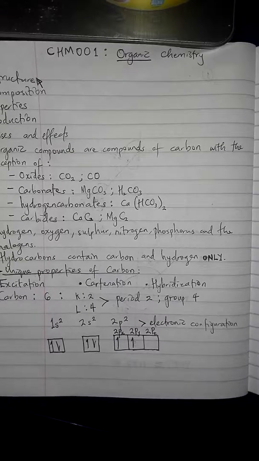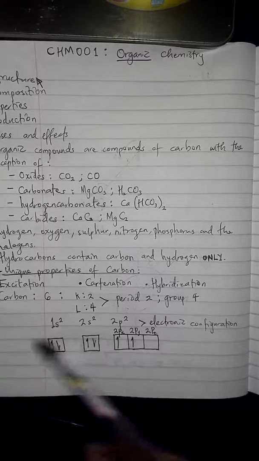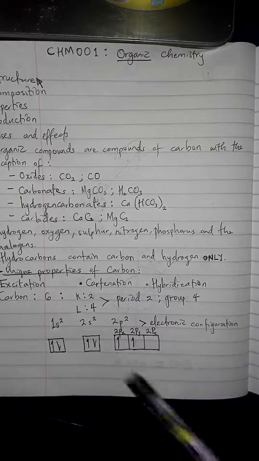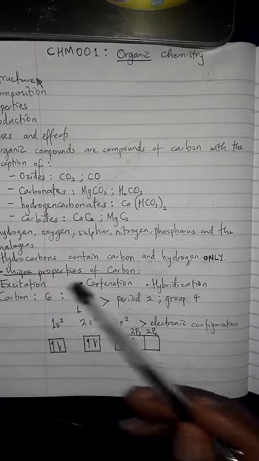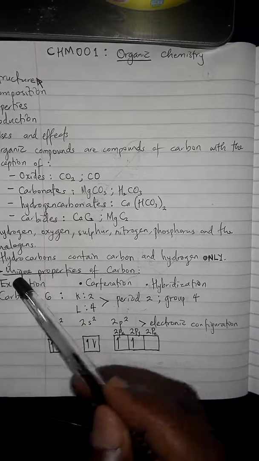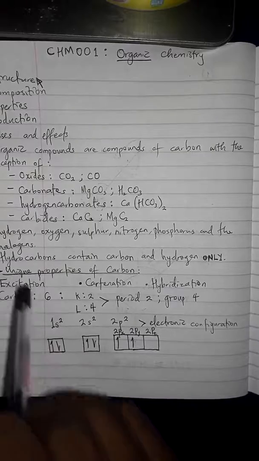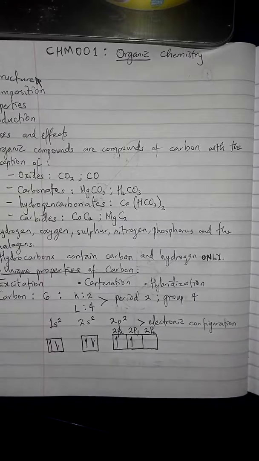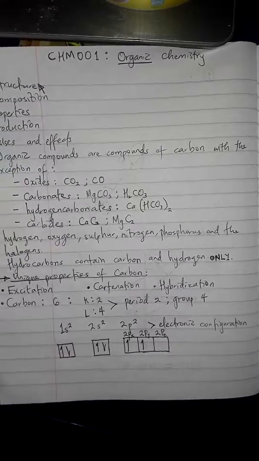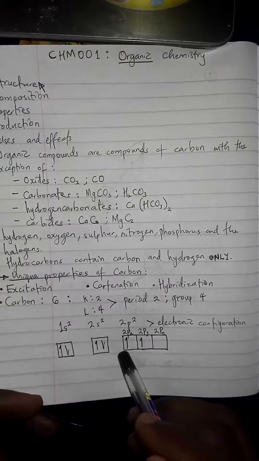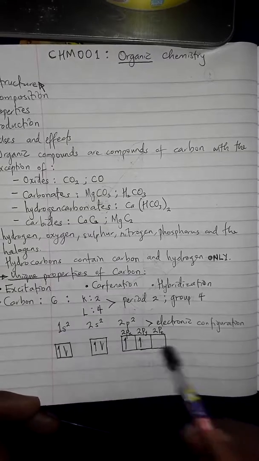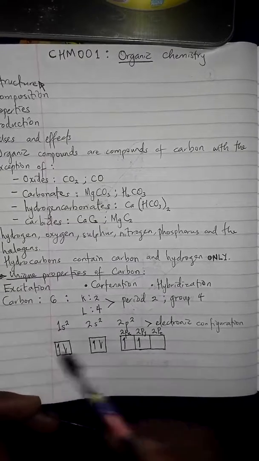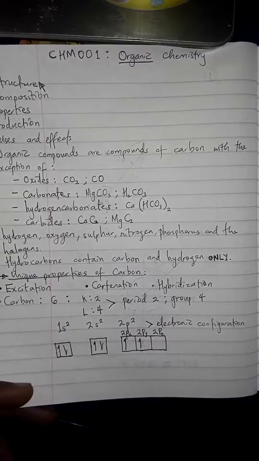We'll be making use of this energy level diagram to explain these unique properties of carbon: excitation, catenation, hybridization. So we can now begin. I hope you get this already. In case you still don't understand what this is or how we came about this, please revise atomic structure.